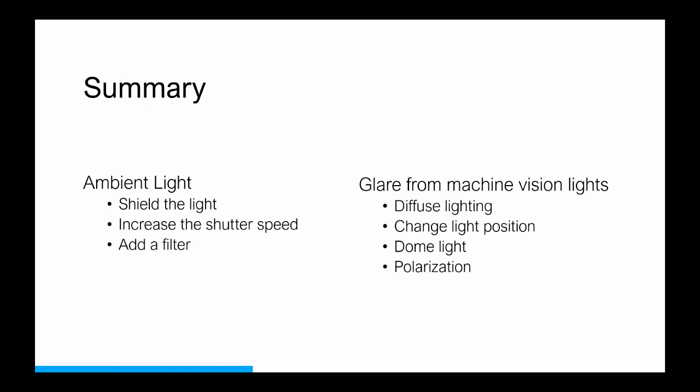I wouldn't say that one works 100% better than the other. You don't want to always do dome light and never polarization, or always polarization and never dome light. That's a lot more sample dependent. So having both options in your lab to test is ideal for making sure you have the right solution for all of your machine vision lights.